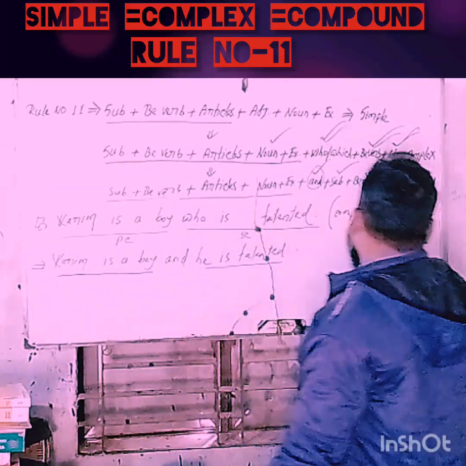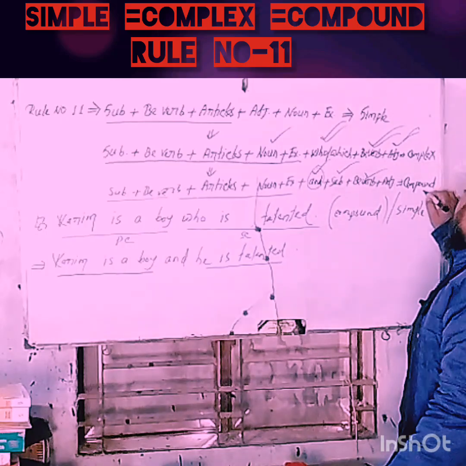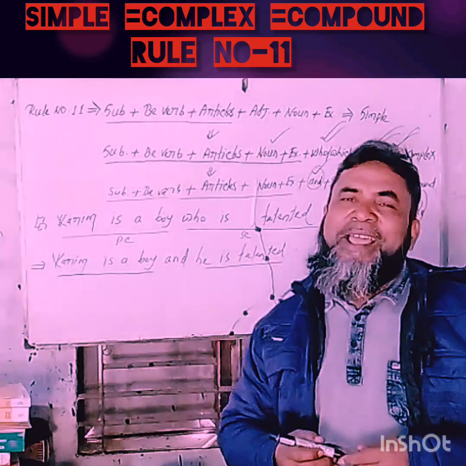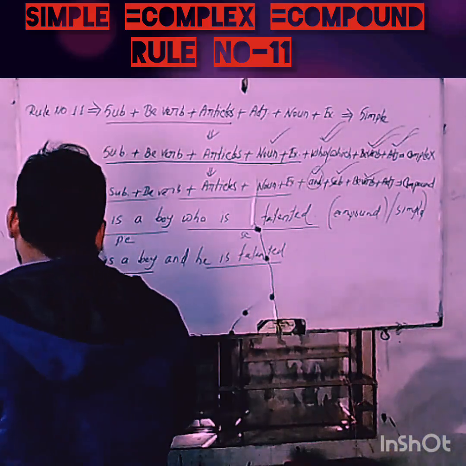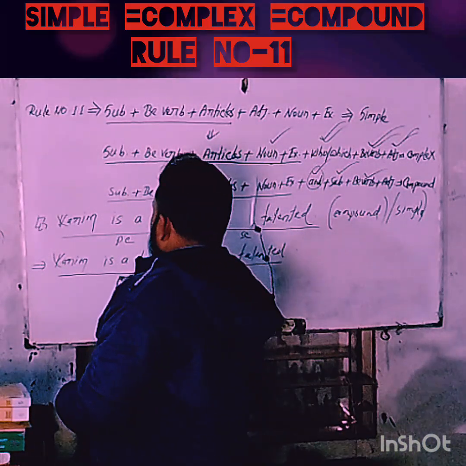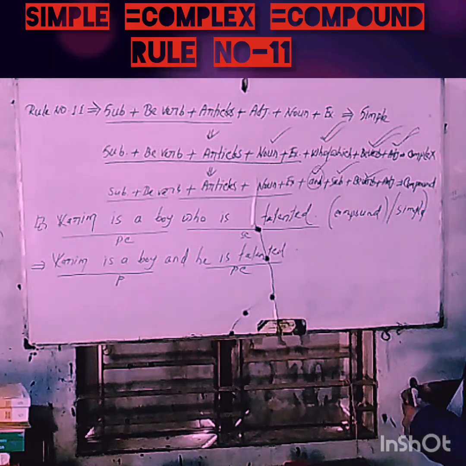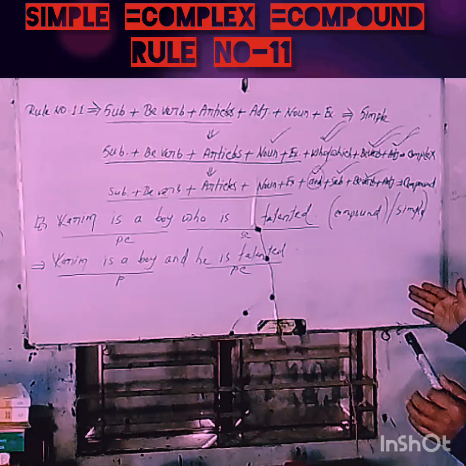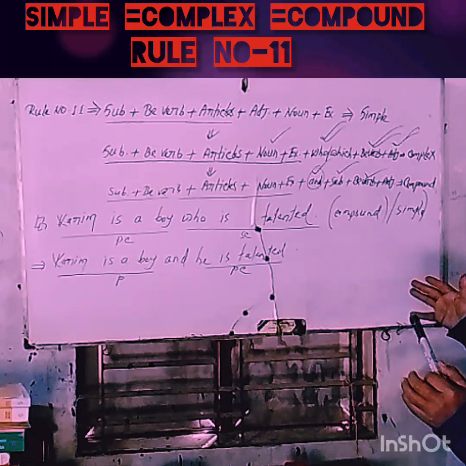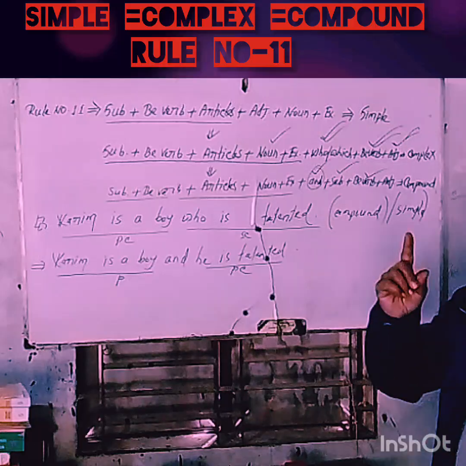Okay, learners, this sentence has already been transferred into a compound sentence. Okay, learners, suppose you're told to change this statement into a simple sentence. What steps should you take, learners? You have to mind that there is only a principal clause in a simple sentence. So, learners, in this case, you have to transform both the principal clause and the subordinate clause into only one principal clause.